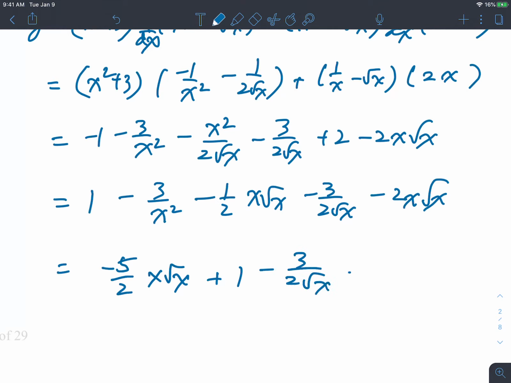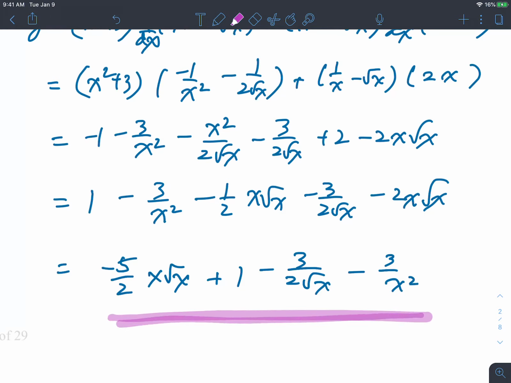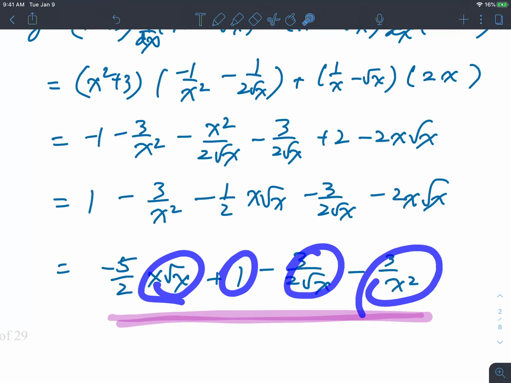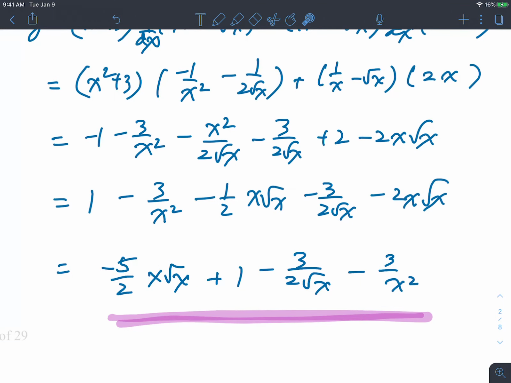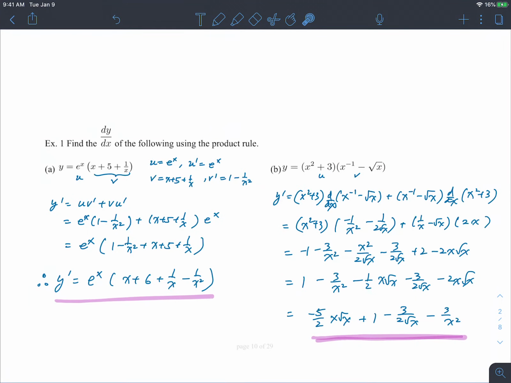The reason why I wrote it this way is to write the exponents in a descending order. So that's the power of 3 over 2, power of 0, power of negative half, power of negative 2. Right? So that is the format that is considered in a good form.